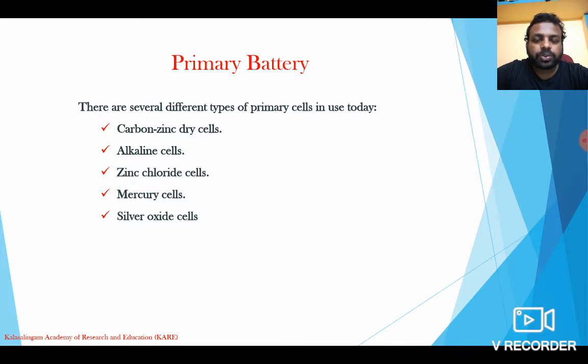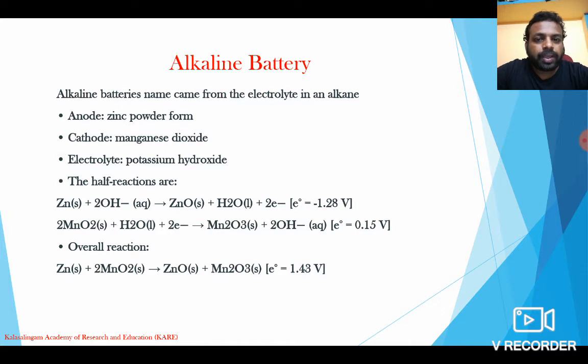Just keep in mind that primary batteries are classified based on the material used for electrodes as well as electrolyte. Today we will discuss one by one the electrodes and electrolytes used in each type of primary cell. The first one is the alkaline battery.